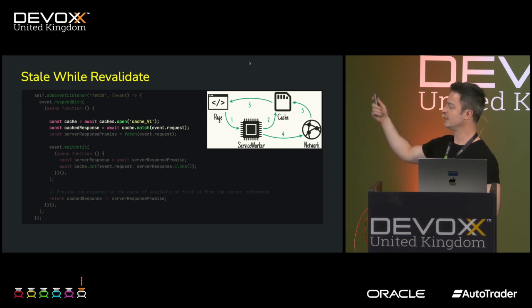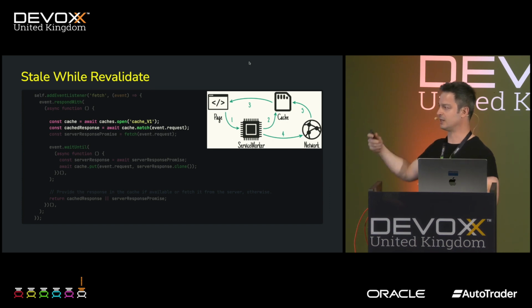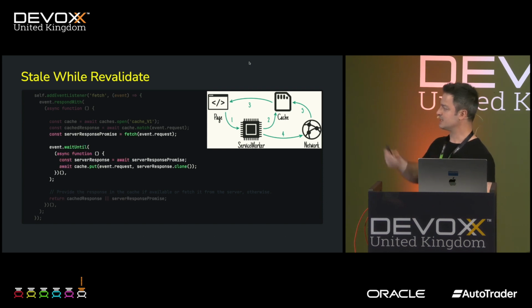So in this case, the client requests a specific URL or a static asset. And then the service worker checks, thanks to the Cache API, in the local cache, if it is there, and if so, it returns it immediately from the local cache. But thanks to these caching strategies, the service worker will also go over the network and try to see whether there is a newer version of the requested resource.